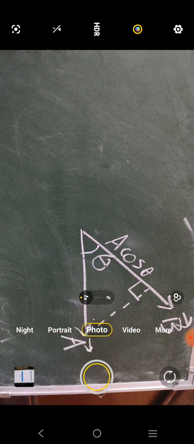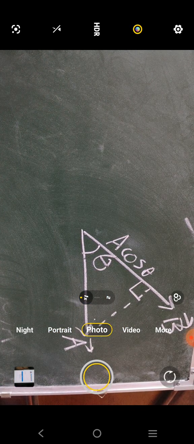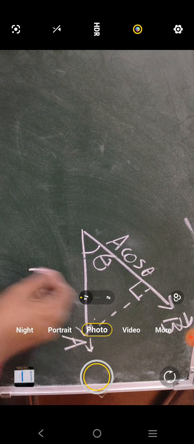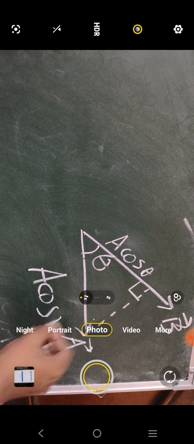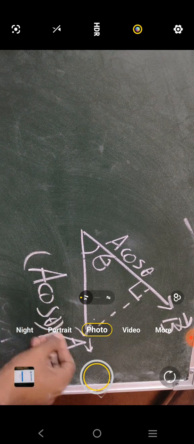So the projection of A on B will be A cos theta into B.